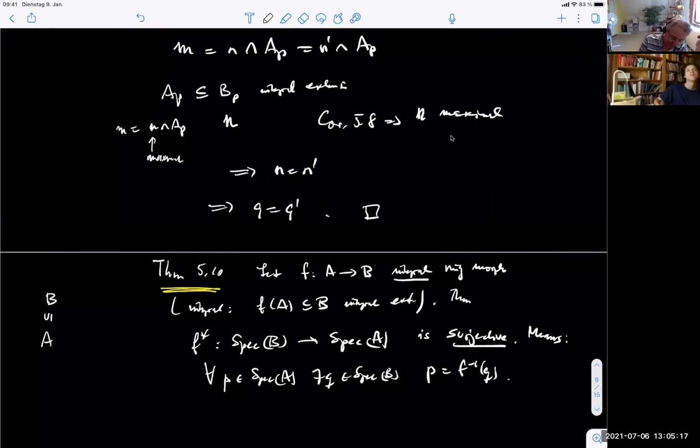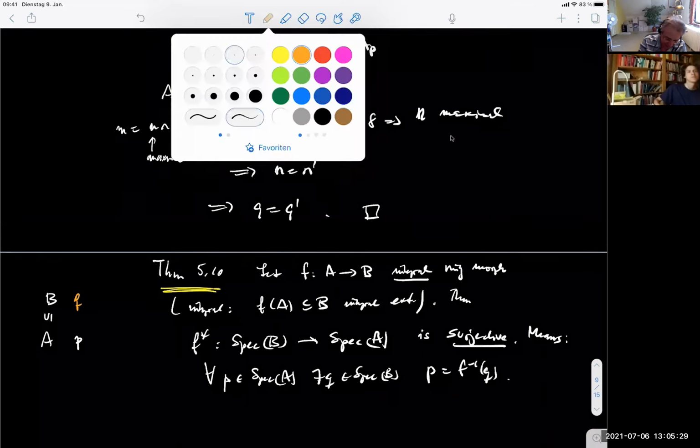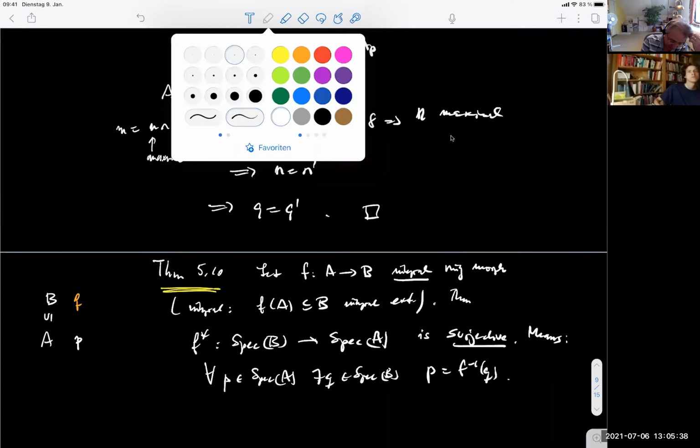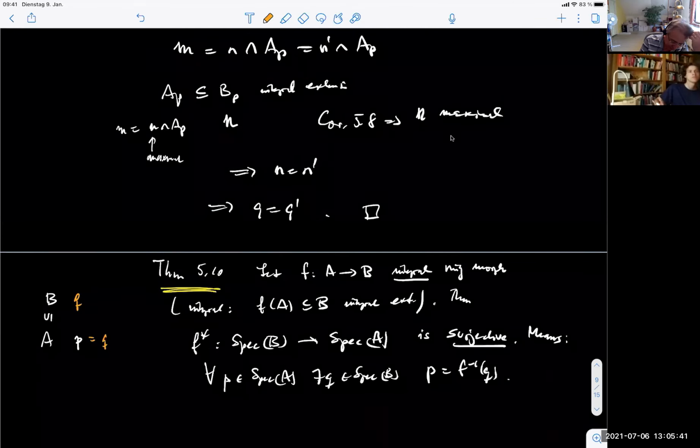Then down here you have your prime ideal P, and up there you are looking for a prime ideal Q. The relation is that we usually say Q is lying above P. To make it more intuitive, it says that over every prime ideal of A, there lies at least one prime ideal of B. Usually there are several.